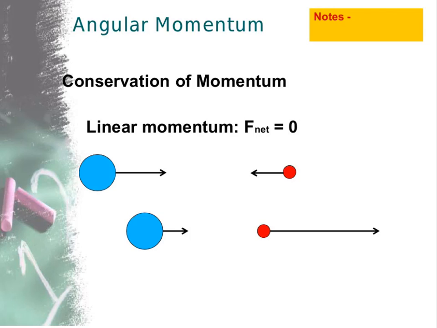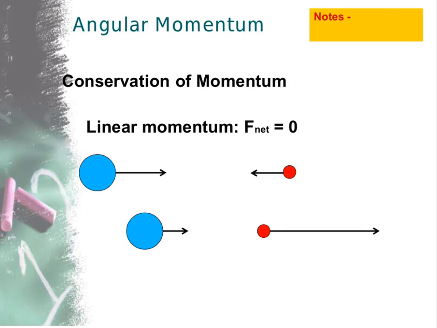Now, in Unit 4, we learned about conservation of momentum, and we learned that in systems where there are no external forces on any of the items in the system, then you can say that momentum is conserved.